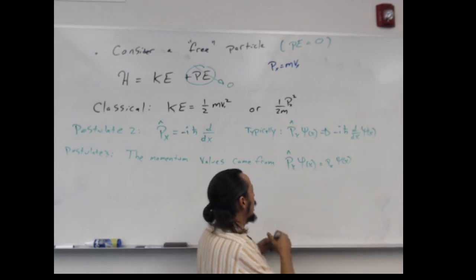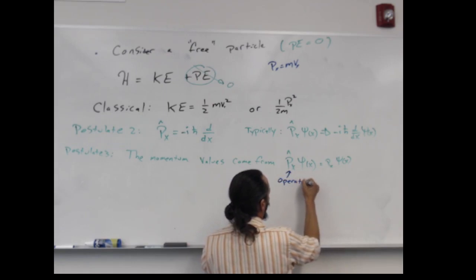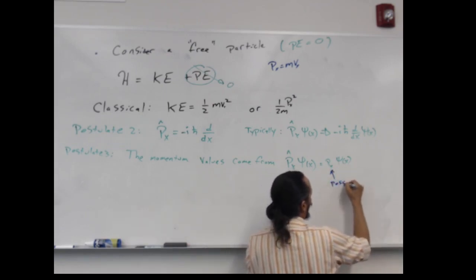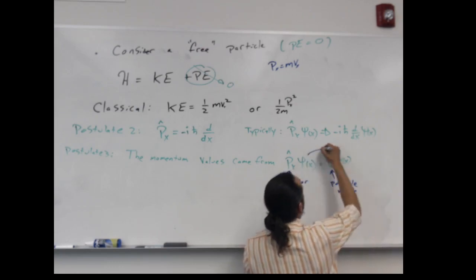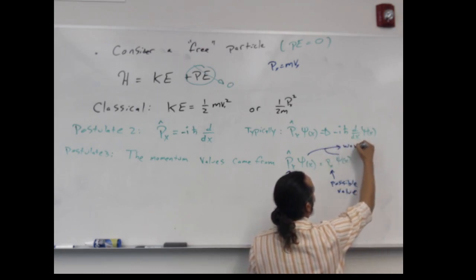Putting some labels on this, that's our operator. That is the possible value. And both of these are the wave function.